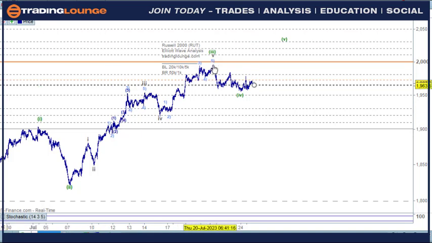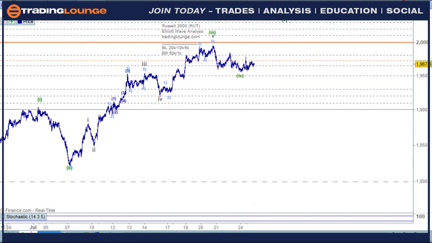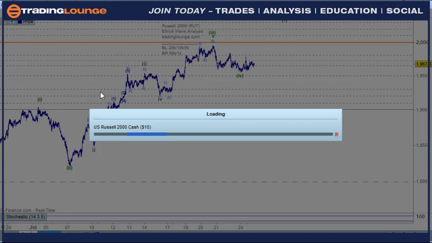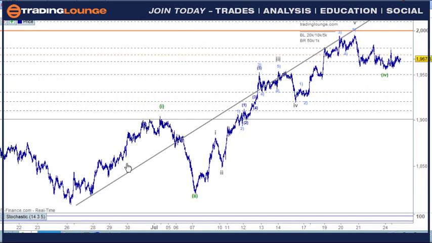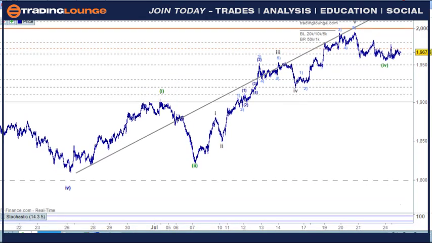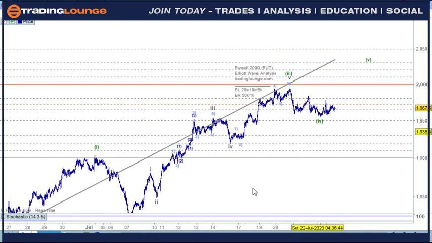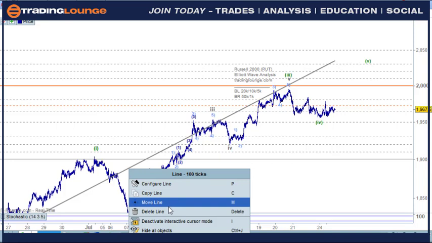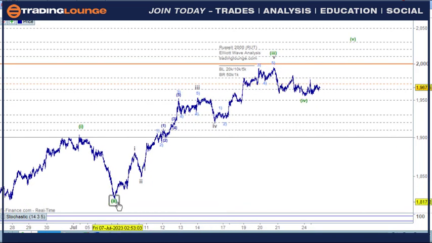And we go over to the Russell, and the same thing here as well. Let me just get a bit more data in here. So we're going to look at this as wave 4 here with 1 and 2 here, and then we've counted all the way up here, which we don't need. So we've got 1, 2, and 3, and 4 here. So we'll be looking for wave 5 to move up.